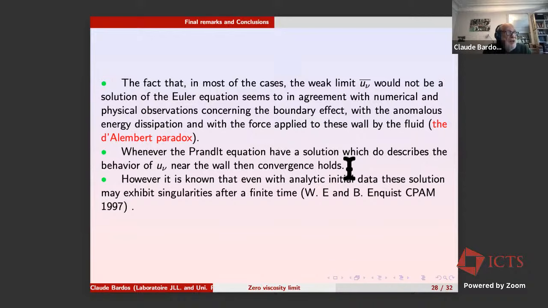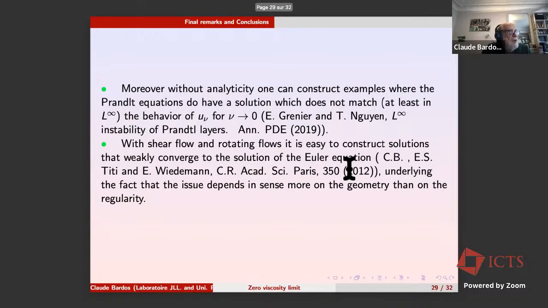Even out of the analytic case, there have been several contributions of Toan and Grenier, who show that even if not the analytic case, but in the Sobolev norm, the infinity for instance, you have a defect between the solution of the Prandtl and the solution of the Navier-Stokes near the boundary, which will prevent the convergence. Now, it's also known that the Prandtl equation may exhibit a singularity after a finite time. So that's reasonable to work only for short time for this problem.